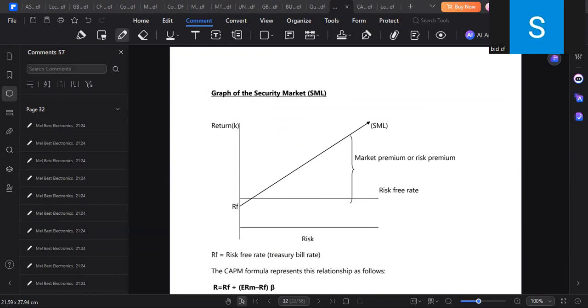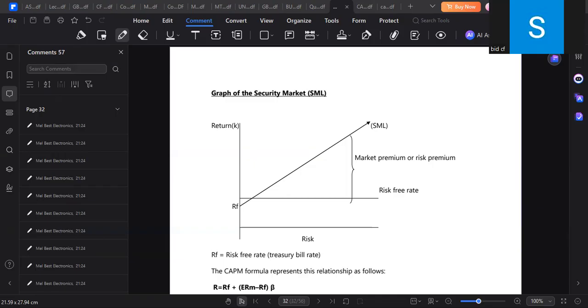The concept here under the Capital Asset Pricing Model is what directly produces the equation. Expected return is equal to risk-free rate plus market return minus risk-free rate times beta. So what is this SML? The SML is the Security Market Line, which shows how the expected return of a security changes with the beta.